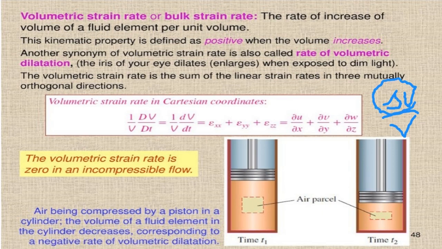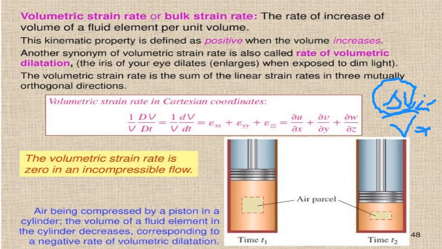This is normally under static conditions. But because fluid particles are moving, we have to take the time rate of change. So we take it as per unit time of this unit change of volume. So it's given as 1 over V, dV over dt.